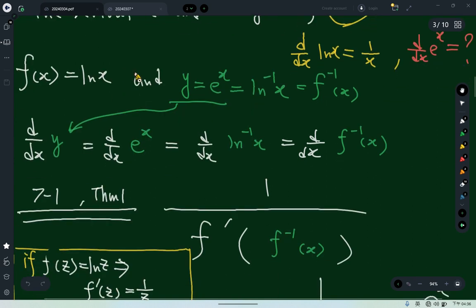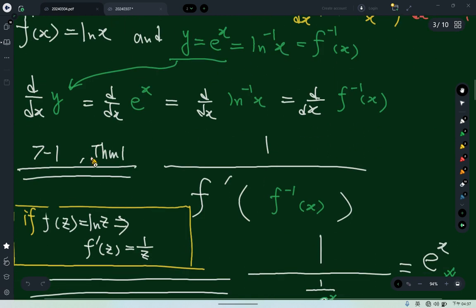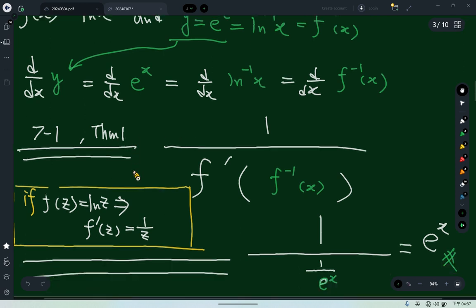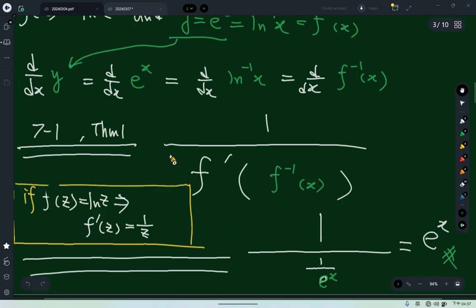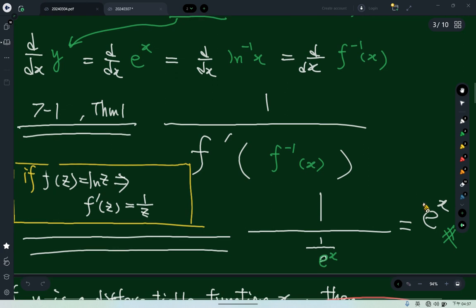And then about the derivative of the exponential function, based on the theory in chapter 1, section 1, we know that the derivative of the exponential function is still the exponential function. So also please keep this in your mind.